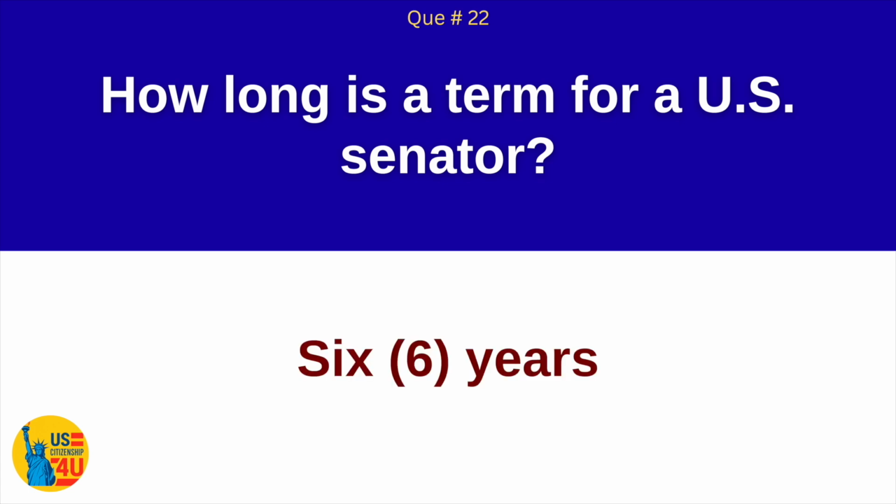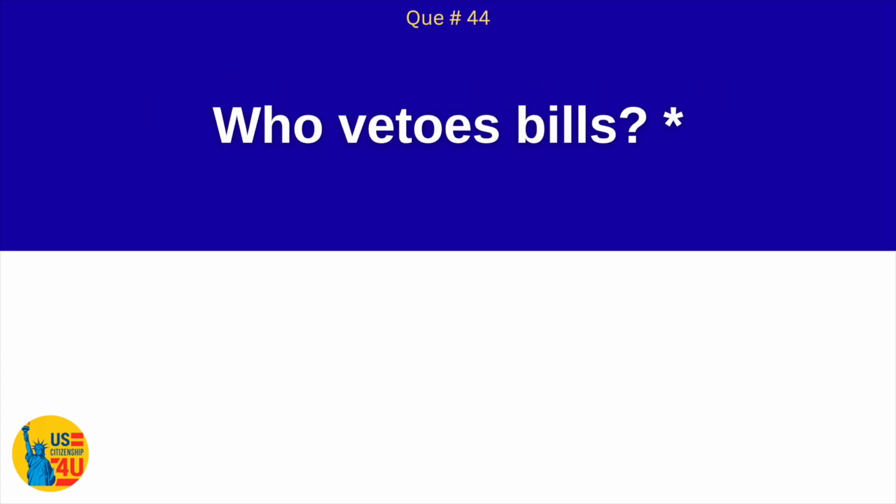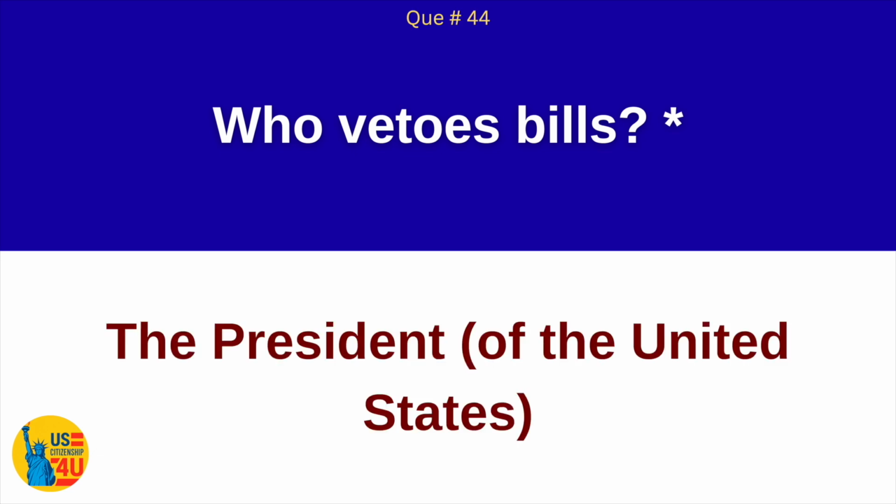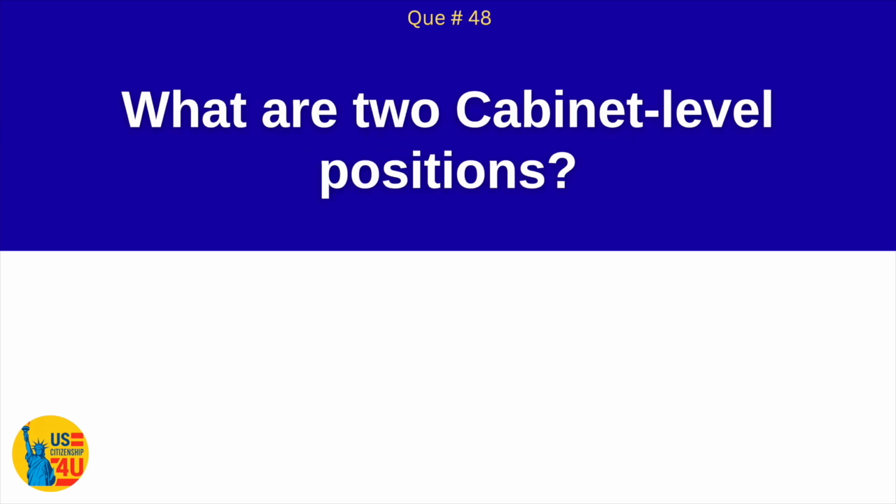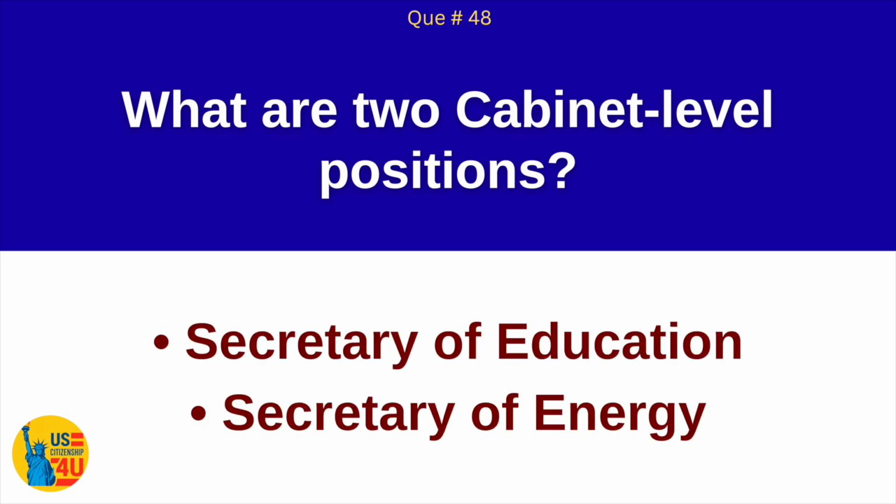Six years. Who vetoes bills? The President of the United States. What are two cabinet-level positions? Secretary of Education, Secretary of Energy.